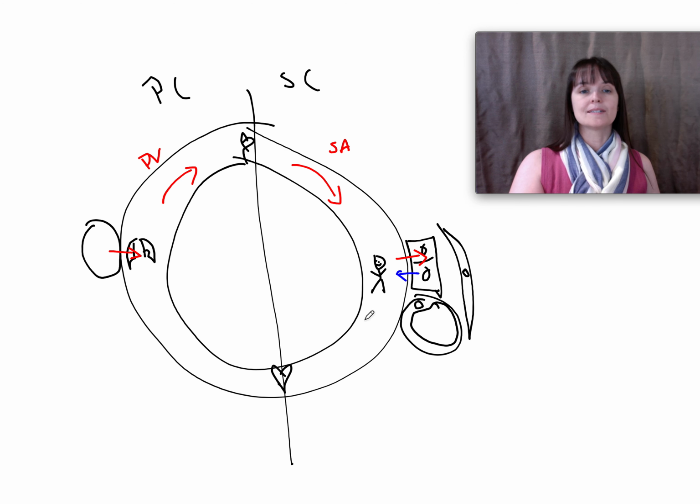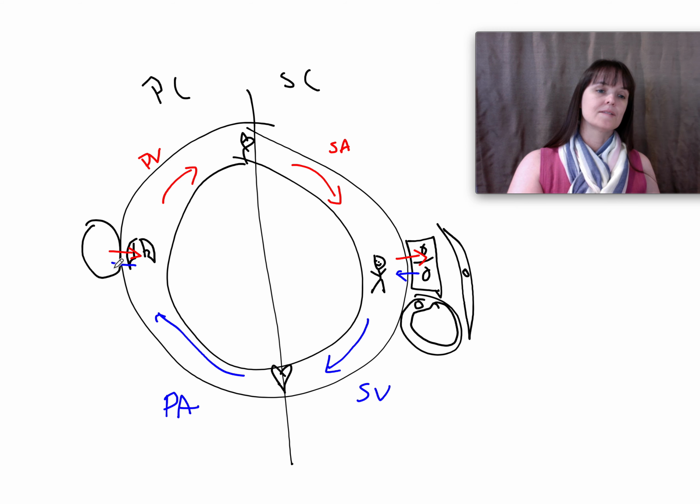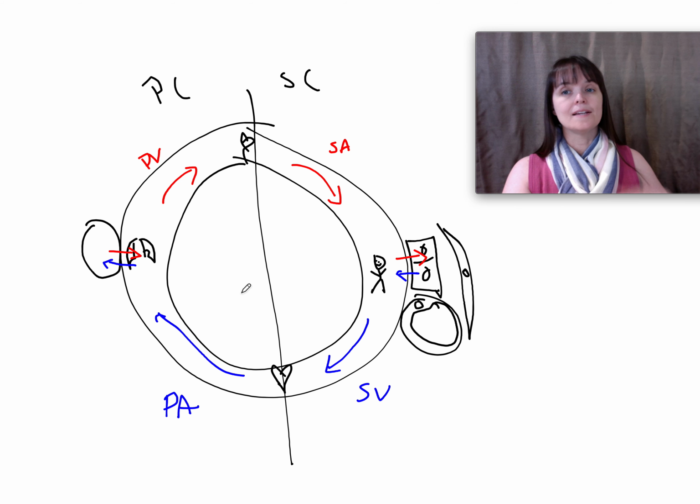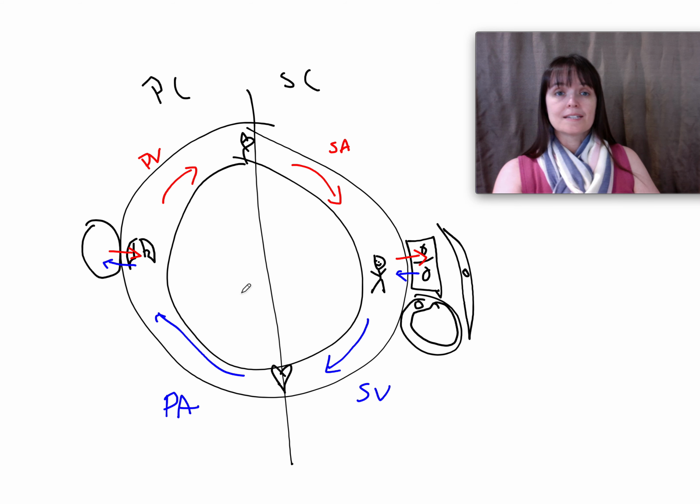There is carbon dioxide in here, but not nearly as much. So carbon dioxide goes to the heart. These are the systemic veins, and then the pulmonary arteries, which are deoxygenated. And then excess carbon dioxide enters the alveoli and you exhale. So that's how that works.